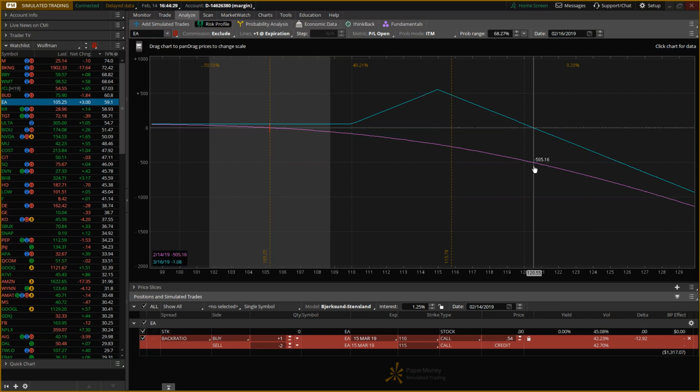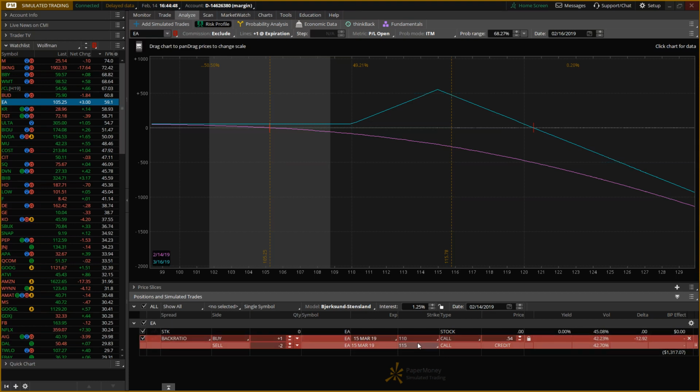But when we look at this, our break even being all the way at 120.54, that's because if we buy this 110 call, sell this 115 call, if the market goes up to 115, we've made $5 on this spread.